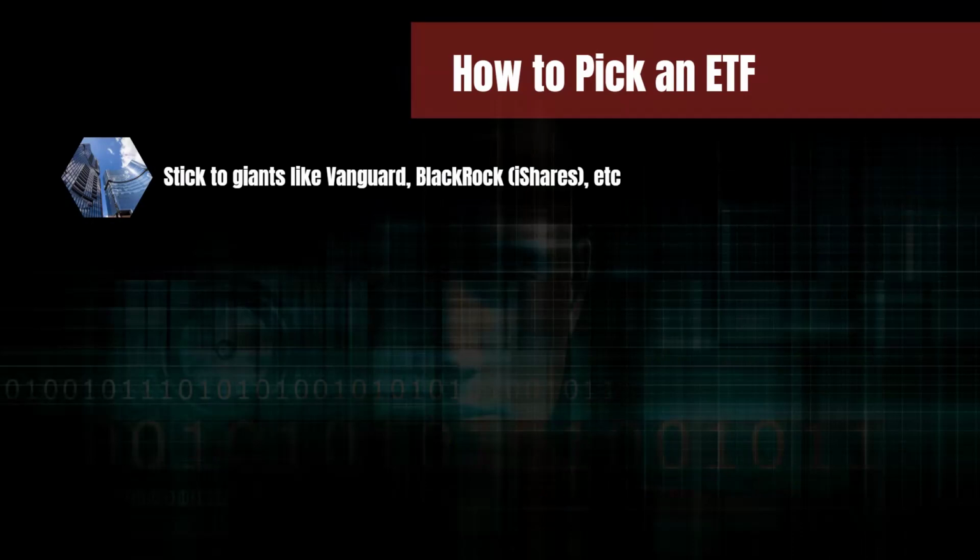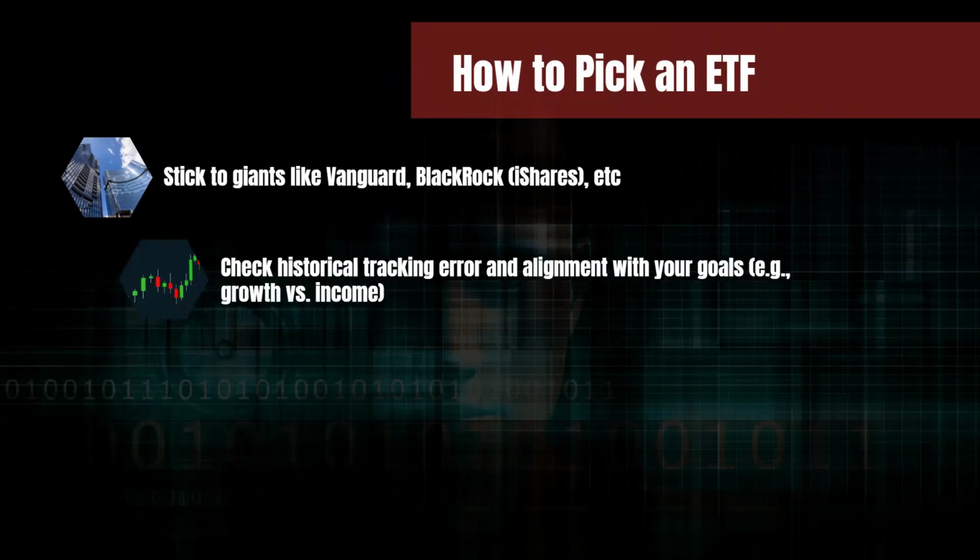Companies like BlackRock, iShares, which is under BlackRock, Vanguard, Fidelity, etc. Pick the names that already ring a bell. Most likely some of you have already heard of iShares or BlackRock or Vanguard. So when you're doing the research, just stick to the big names at the beginning.